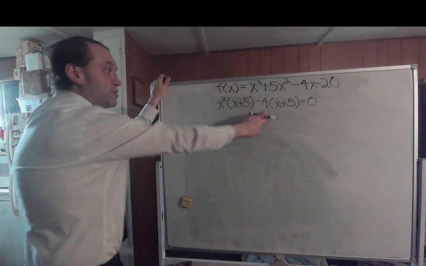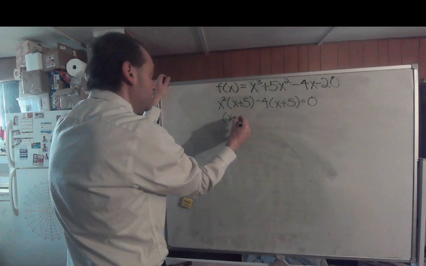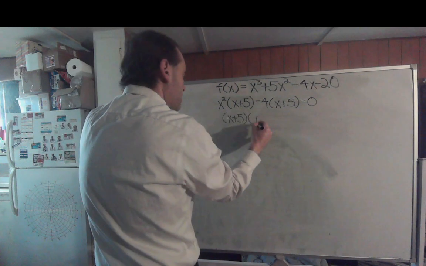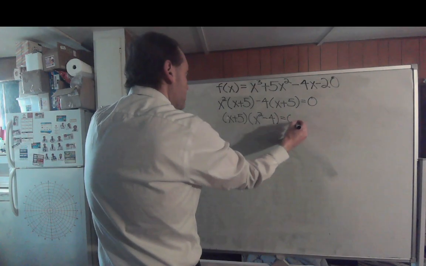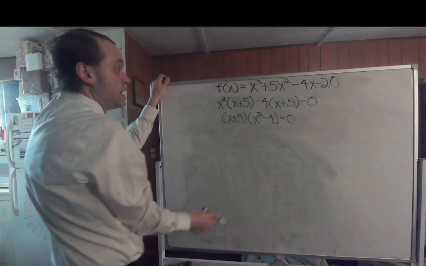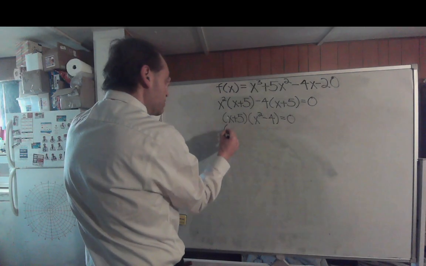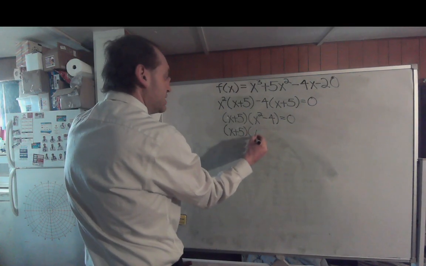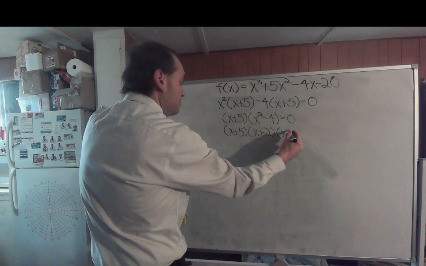Now between both terms, you have a common x plus 5, so go ahead and factor that out. You'll get that times your x squared minus 4 equal to 0. Well, the x squared minus 4 will factor further into the quantity of, we'll still have the x plus 5, but times the quantity of x plus 2 times the quantity of x minus 2.